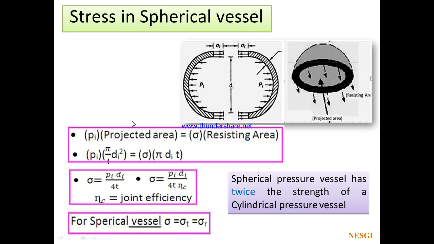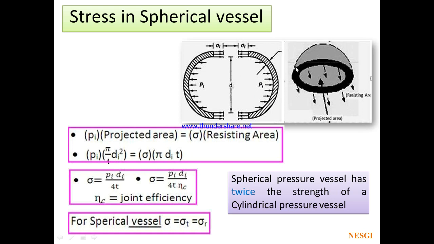The force due to pressure is given by Pi into the projected area, which is Pi into pi by 4 Di square. If you project this area, it will be a circle with inside diameter Di. So the projected area is pi by 4 into Di square, and this is equal to the resistance force.